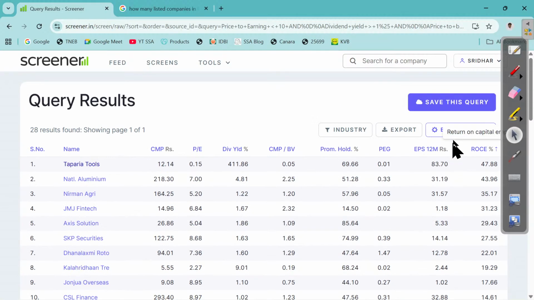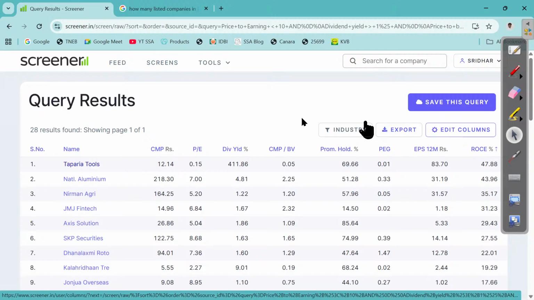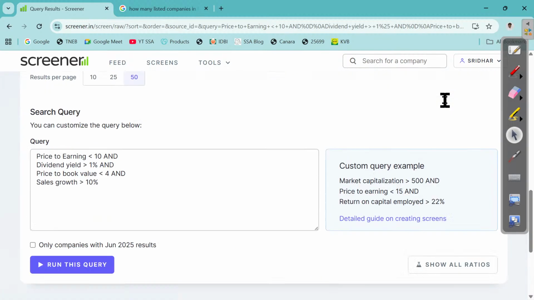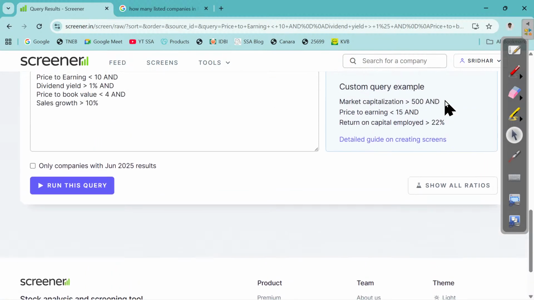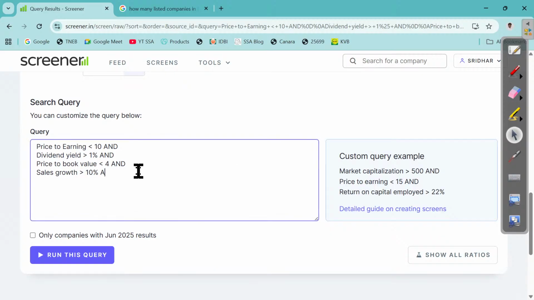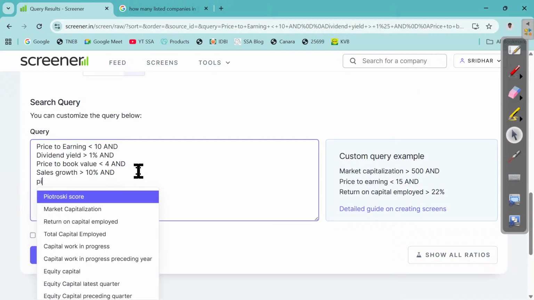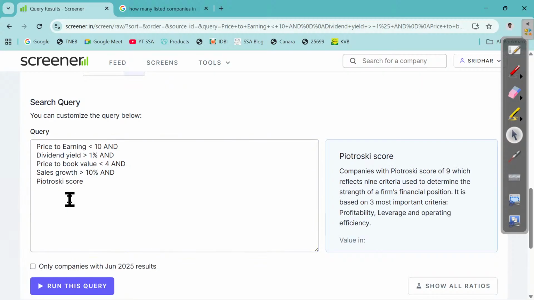Right. Now edit the columns. I can now again change the screen. Can I give Piotroski? Here is the Piotroski. I am going to teach this score to decide whether a company is good or not.